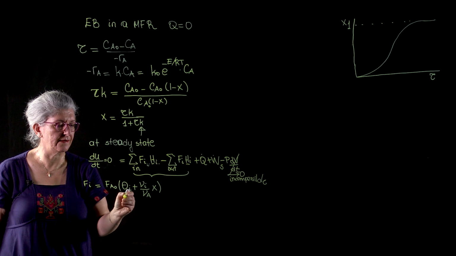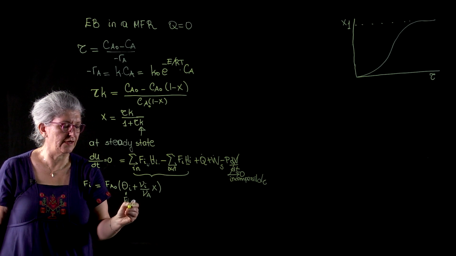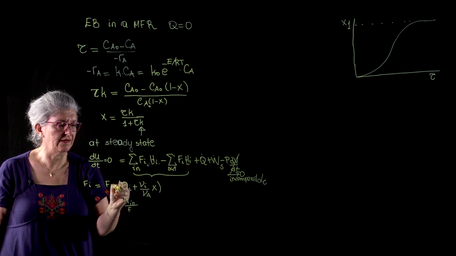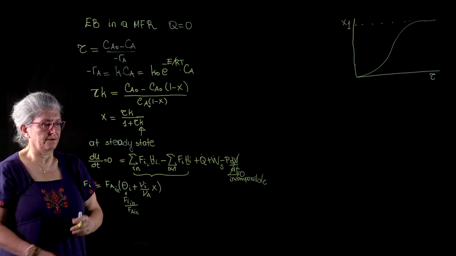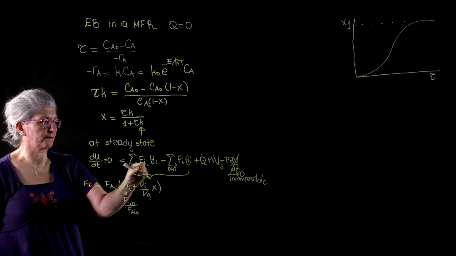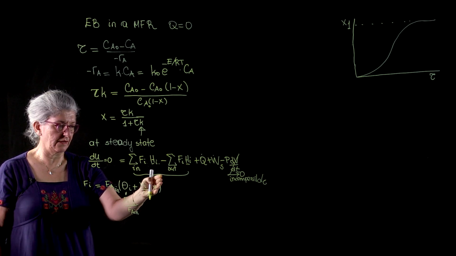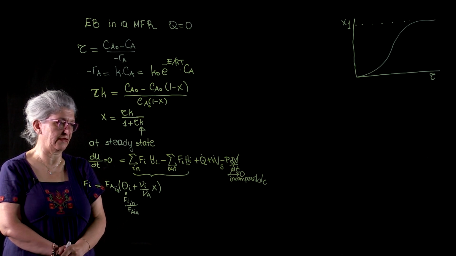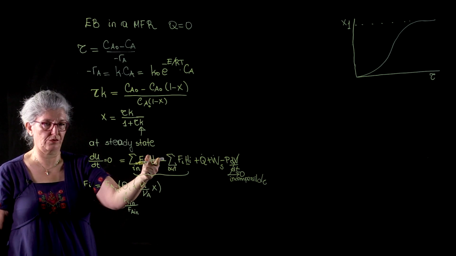Theta i is Fi0, Fi in, over Fa0. Let us use in here instead of 0. So when we bring this stoichiometric relationship into our equation, let us see where it is going to lead us. I'm going to focus my attention only on those two terms.